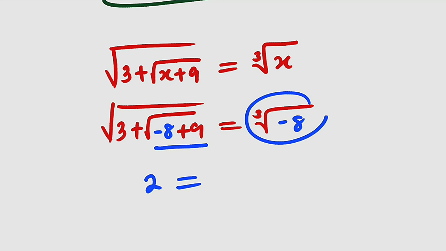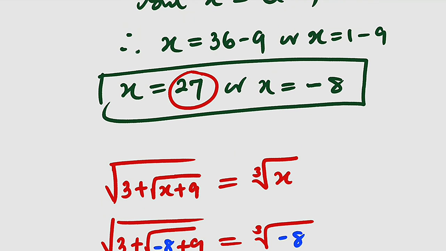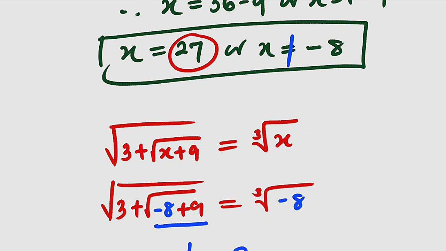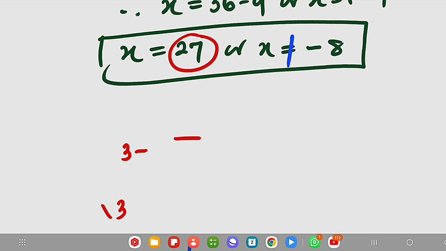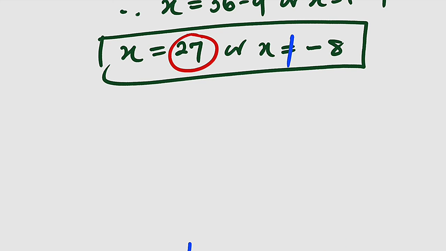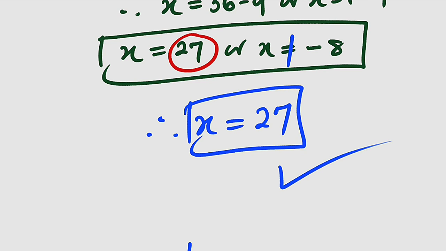Equals cube root of negative 8 is negative 2, which are not the same. And hence, x equal to negative 8 is not a solution. And hence, we have to consider that x equal to 27 is the only valid solution here. And therefore, x equal to 27 is our only solution.